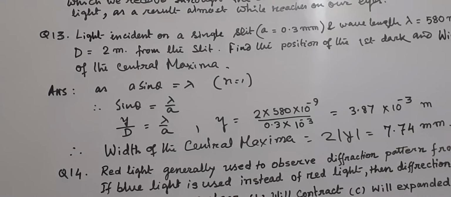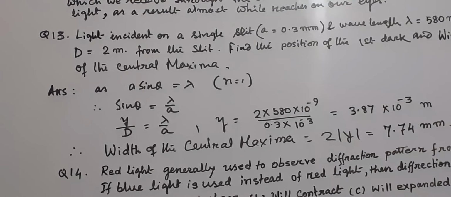So sin theta will be lambda by a, and we can calculate the position: 2 into 580 into 10 to the minus 9 over 0.3 into 10 to the minus 3, that will give us 3.87 into 10 to the minus 3 meter on the screen.